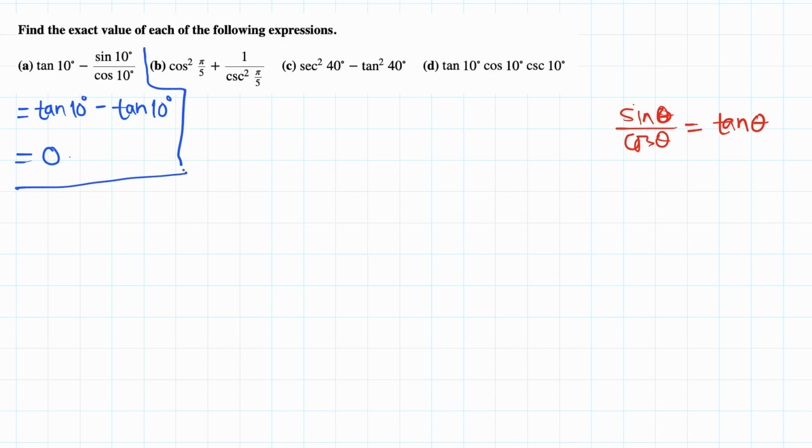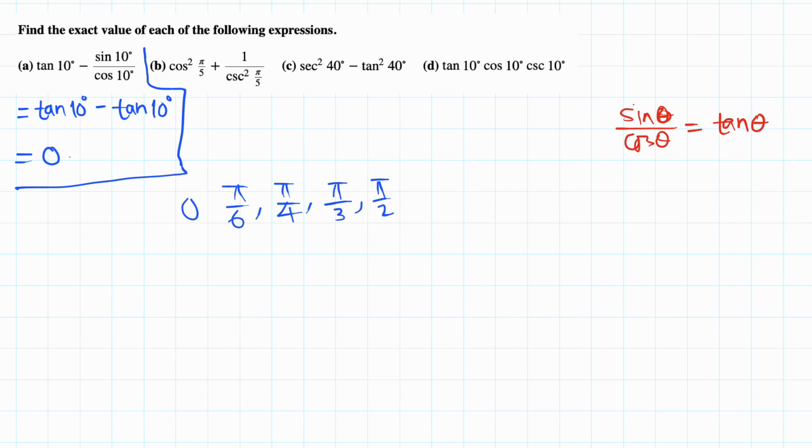In part B, we have cosine squared pi over 5 plus 1 over cosecant squared pi over 5. Pi over 5 is not a standard angle. Pi over 6, 30, pi over 4, 45, 60, 90, and their corresponding angles in other quadrants.